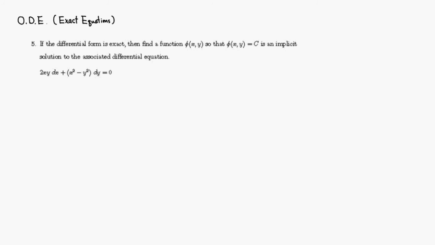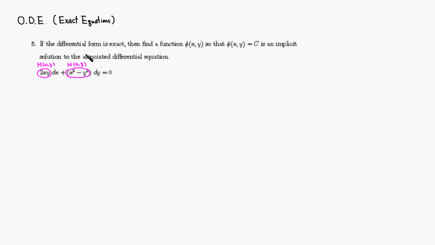All right, so let's say here the function in front of dx, I'm going to call it M of x comma y. Then the function in front of dy, I'm going to call it N of x comma y.